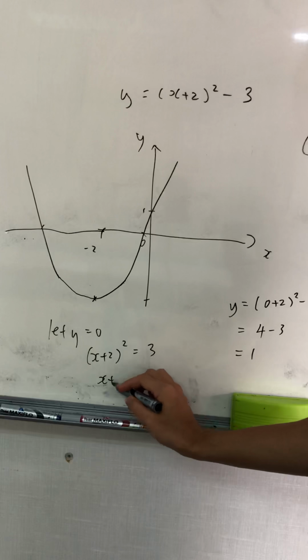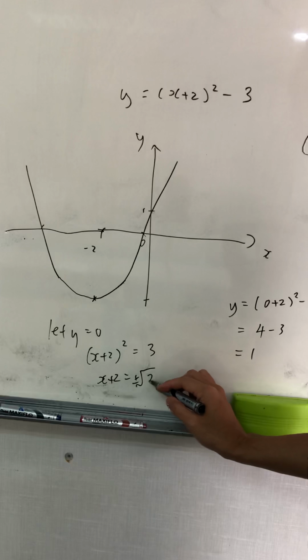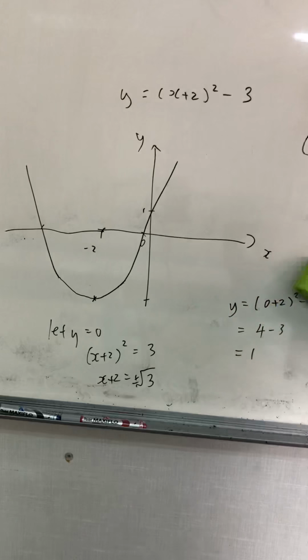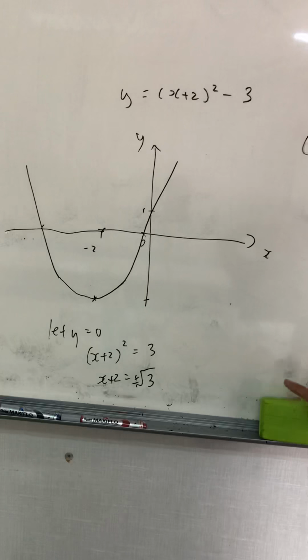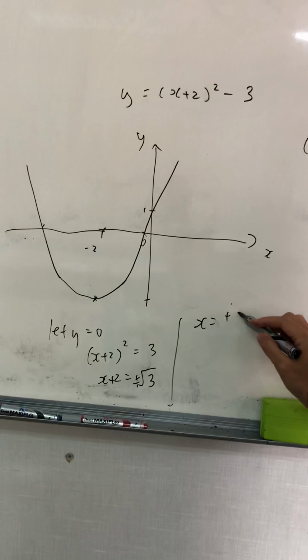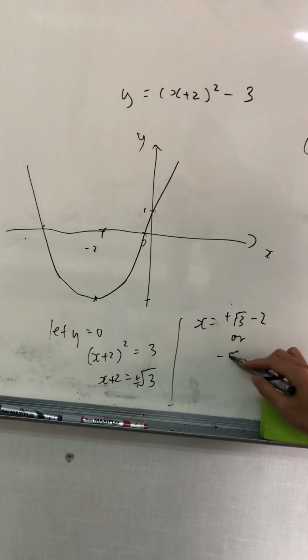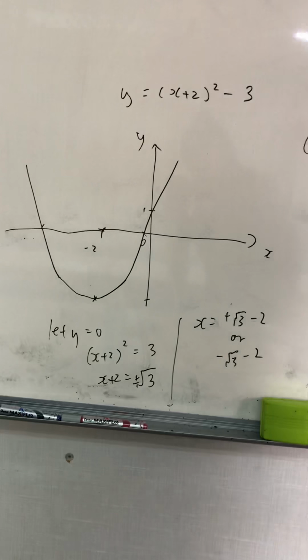So x plus 2 equals to plus minus square root 3. Alright, and you find that your x equals to either positive square root 3 minus 2 or negative square root 3 minus 2.